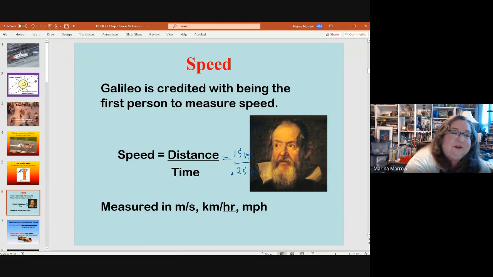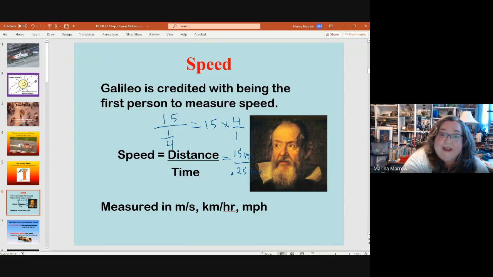Well, we're going to talk about fractions at some point when we're doing some problems. But 15 divided by a quarter, that would be 15 divided by 1/4. And of course, what do you do with a fraction? You invert it, you multiply by the reciprocal. So it's going to be 15 times 4/1. And so this person was driving at 60 miles per hour. Okay, so pretty fast, racing to the store to get your Xbox Series X.